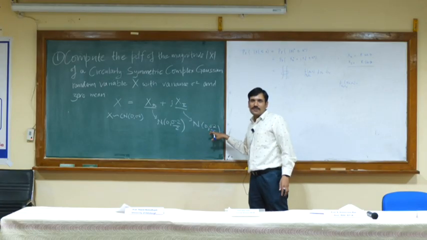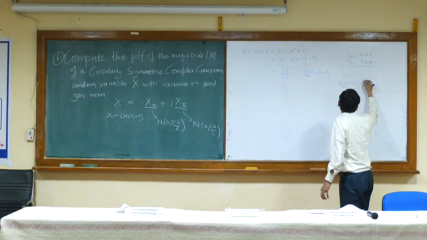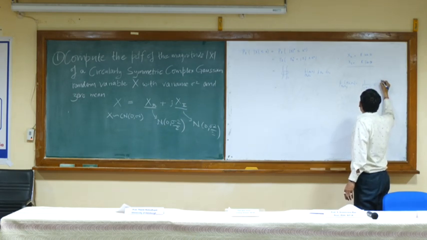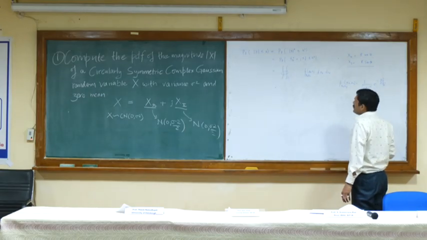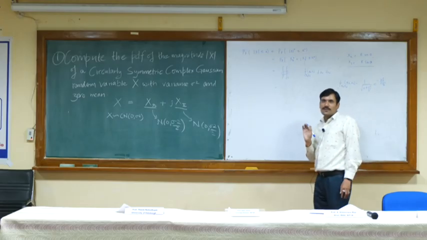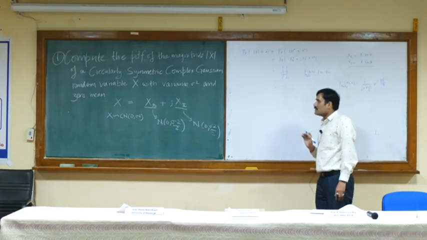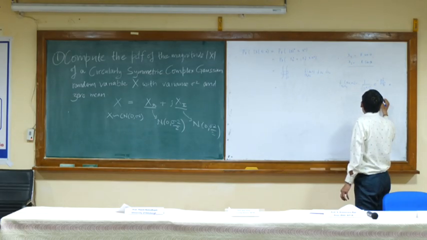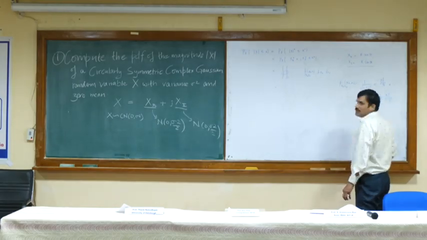Can we write it as a multiplication of these two values? So it will be 1 over root 2 pi sigma square divided by 2, into e to the power minus xr square divided by 2 times sigma square divided by 2. You know the formula for the Gaussian distribution, right? And multiplied by 1 over root 2 pi sigma square divided by 2, into e to the power minus xi square divided by 2 times sigma square divided by 2.